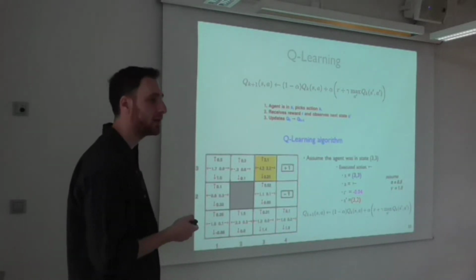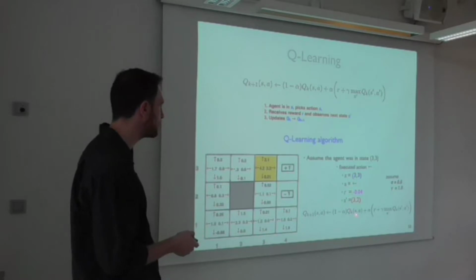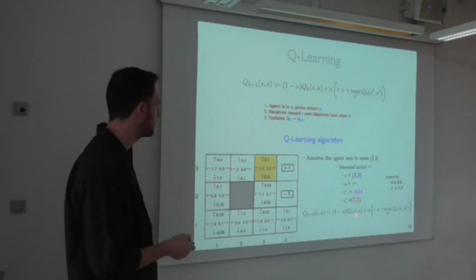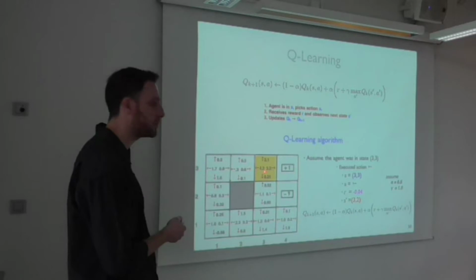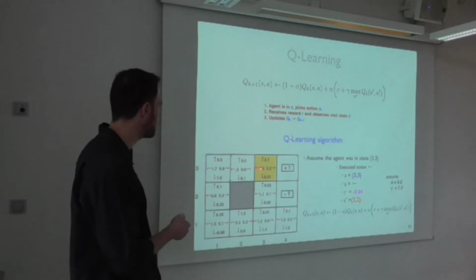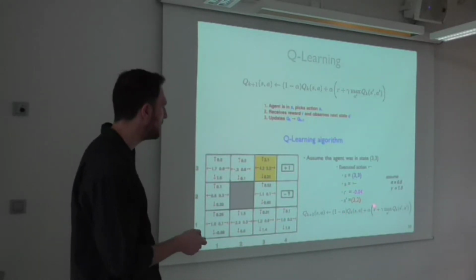S is the state where I'm in, and A is the action that I execute. What is this? It's 4.2, right? I was in this state and I took action left, so this is 4.2. R is the punishment that I got, minus 0.04.